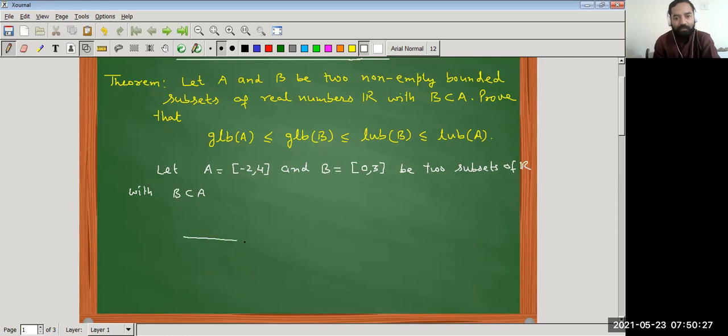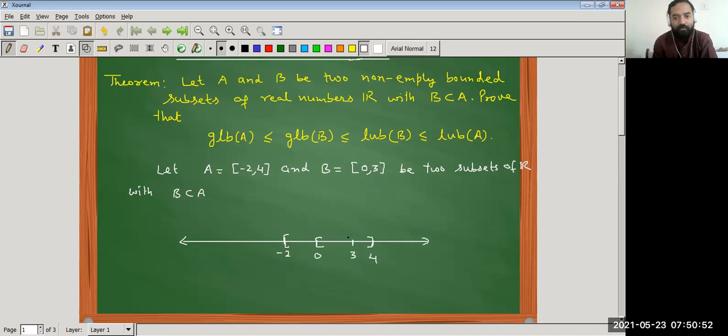So let us think about this example geometrically. This is our set A, minus 2 to 4, and this is our set B. Here is 0, here is 3.